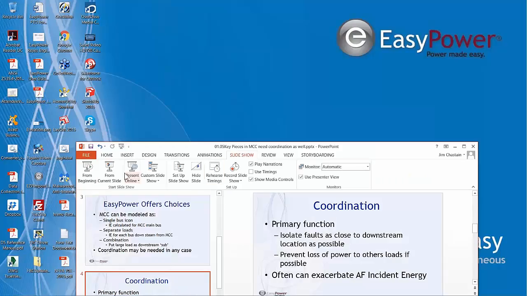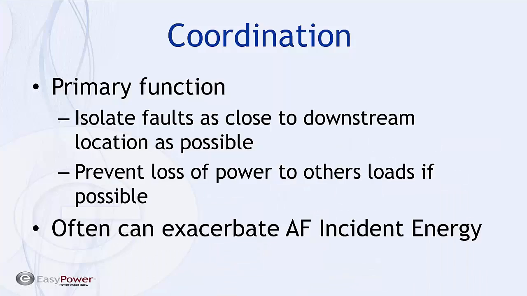Let's jump back into where we're going. Now, the function of coordination, which is what we're going to really focus on, is the need to isolate downstream loads as much as possible close to the load that's at fault, and thereby prevent the loss of power to other loads.